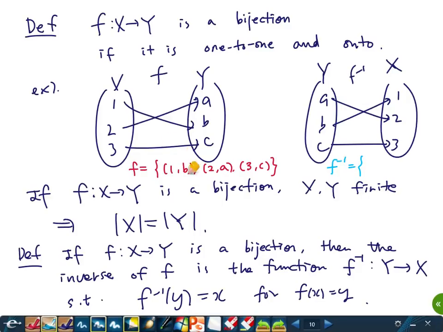You just flip the coordinates: you exchange the two entries in each pair. So it's going to be (b, 1), (a, 2), (c, 3). So the inverse function can be understood like that. You just flip the two coordinates.